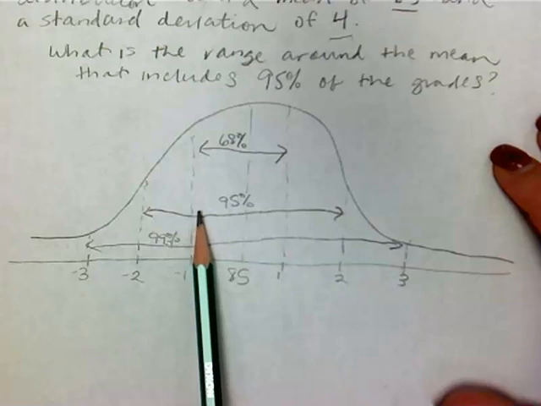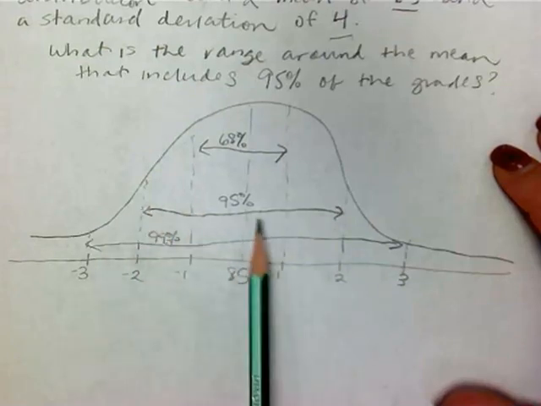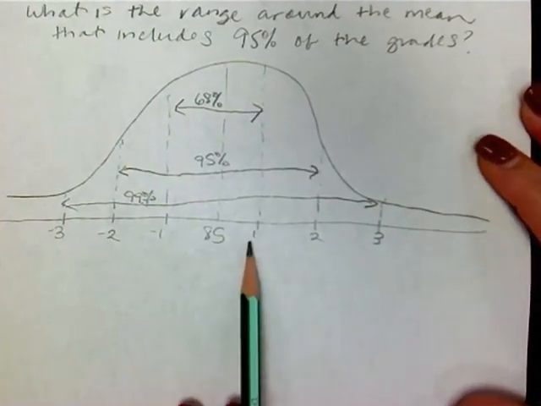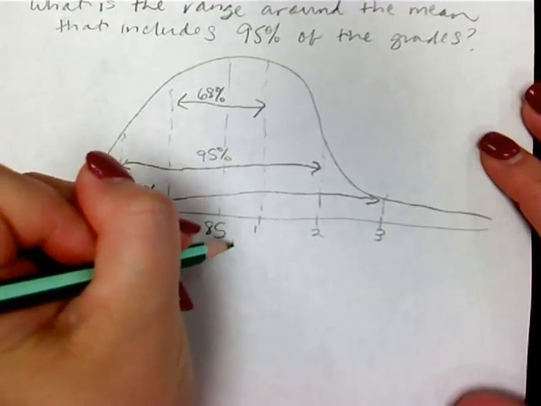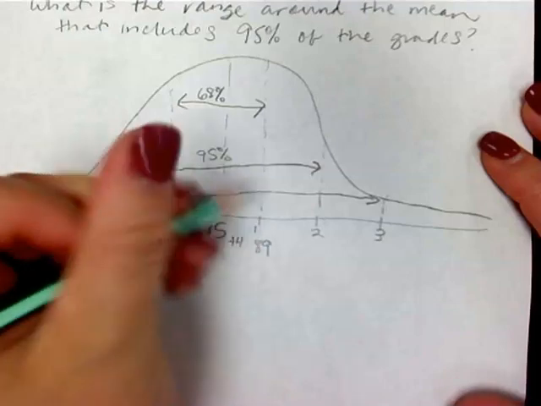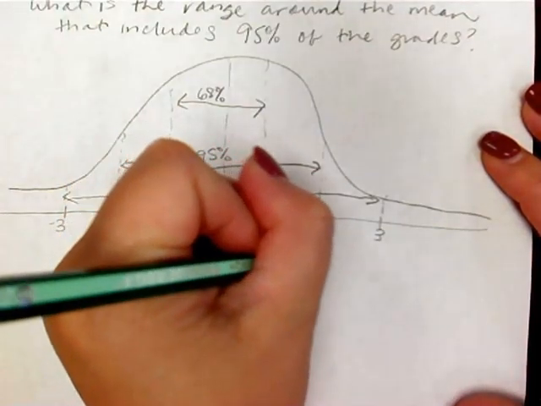So 95% is going to be 2 deviations above and 2 deviations below. So we need to calculate those numbers. One deviation above is going to be 85 plus 4, because 4 is our standard deviation. So we've got 89, and then another plus 4, and that would be 93.